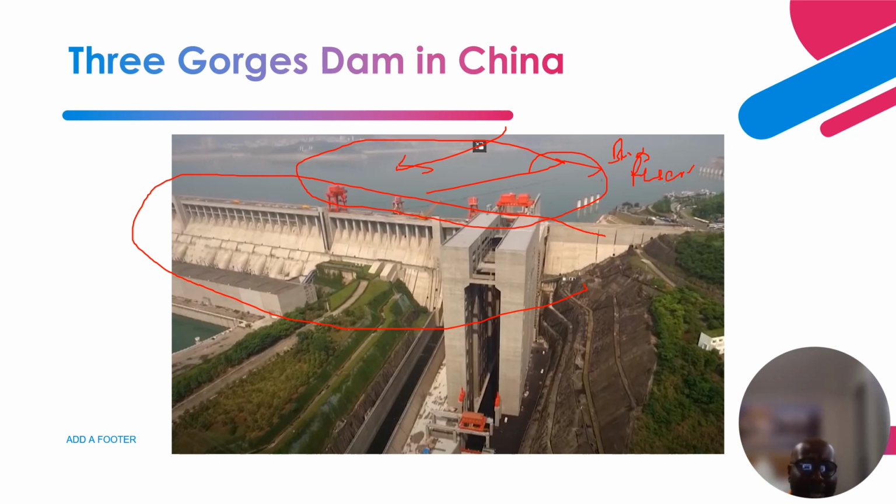After that, they divert part of the river towards the side, so the river can flow to that part that they diverted. Then another part can come to the side to create the volume of reservoir that is needed.